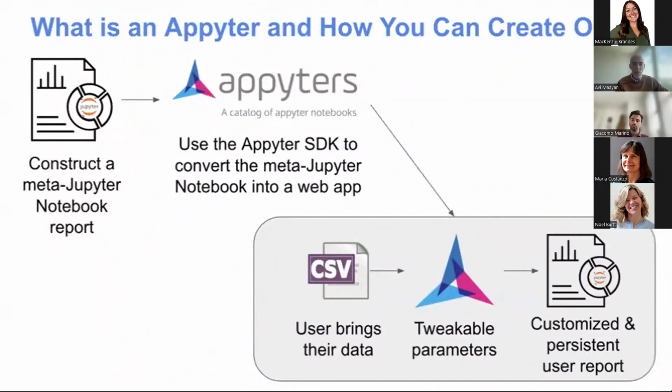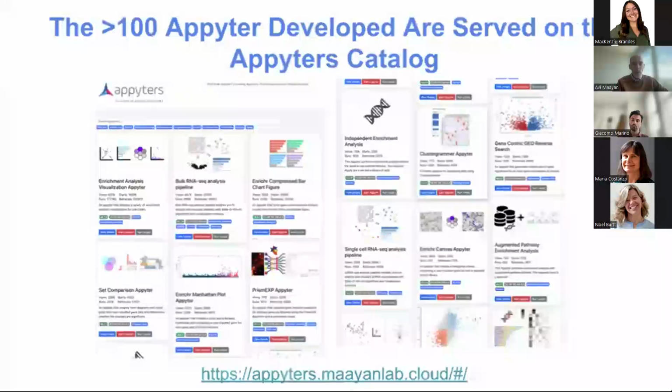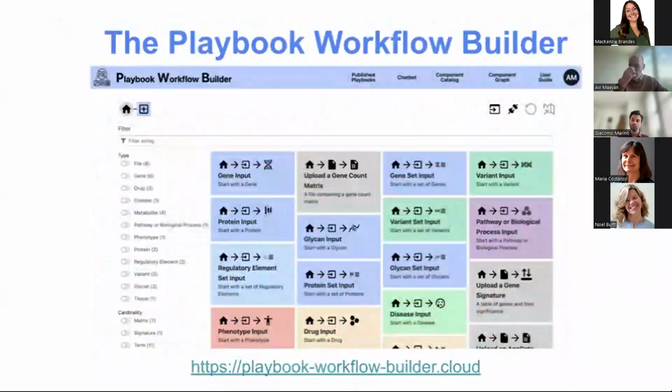And then you get those reports that again look like publications. So far we published over 100 of those Appyters, and all of those are served on this Appyters catalog, and they're still widely used.